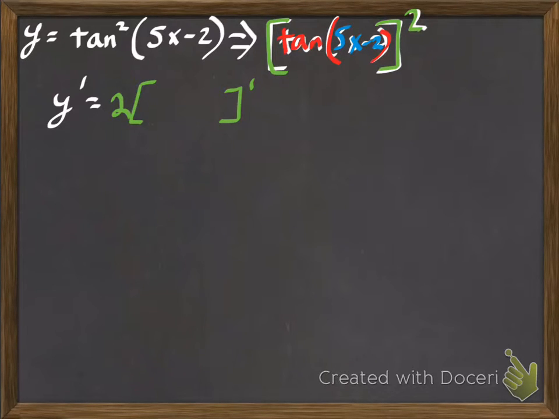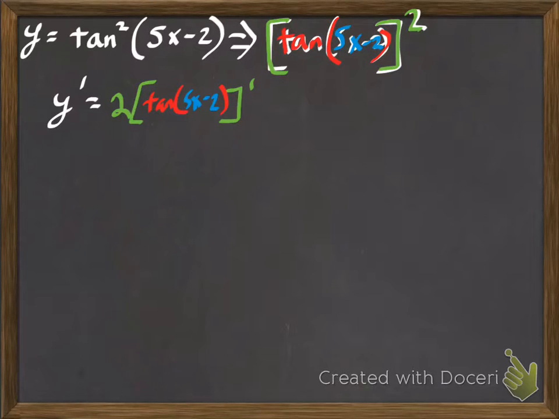Whatever that is happens to be tangent of 5x minus 2, so that'll stay untouched. Pretty party-like atmosphere in there. That's okay, we'll deal with it in the appropriate time. So tangent of 5x minus 2. Trying to keep it color-coded for you.